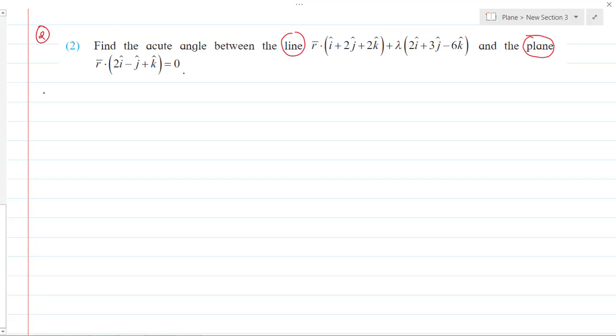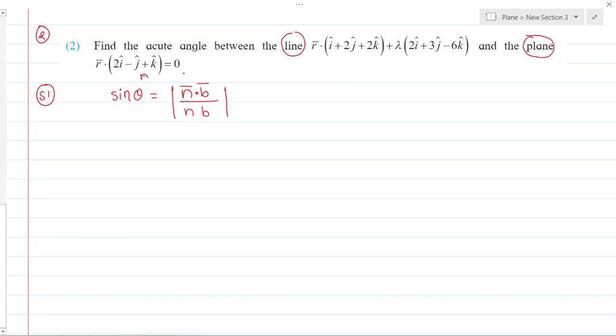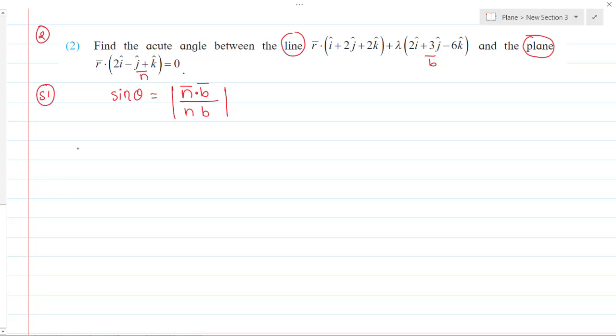You know that the equation of the angle is given as sin theta equals n bar dot b bar divided by n into b. So first find what n and b are. This is the n bar and this is the b bar.